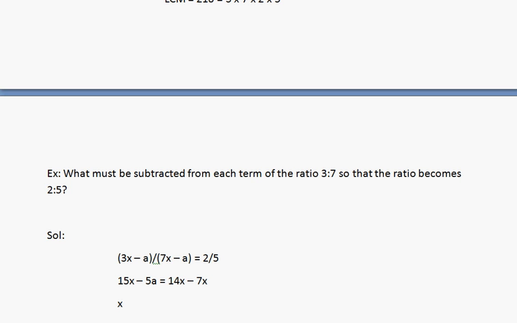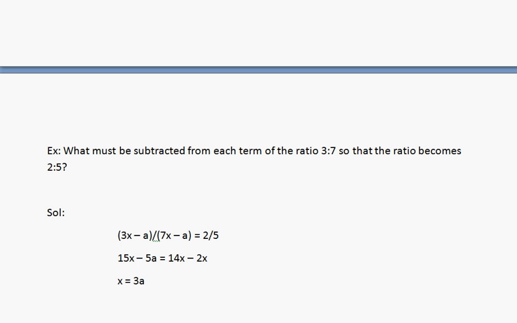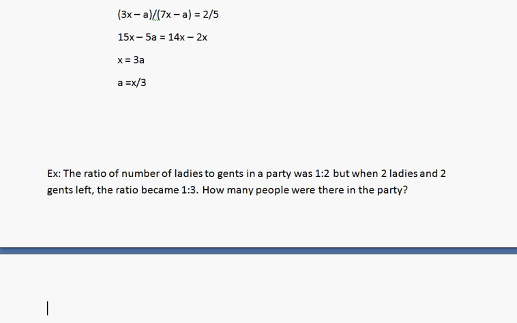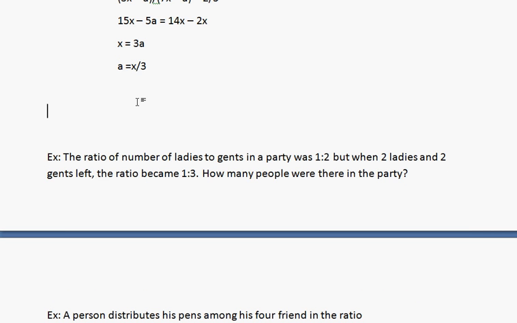Sorry, 14x minus 2a here, right? 2a. So x would become equal to 3a. So a is equal to x by 3. I think there is some problem in this question, right? So let's leave it. Let's go to the next question, which is, I think, a more complete question. There is some problem in this question for sure.